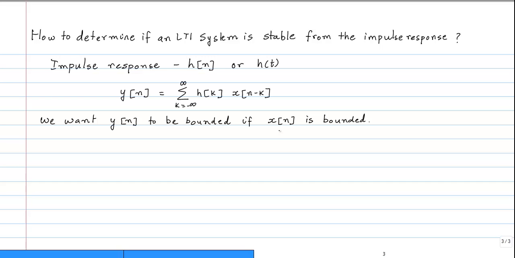All right. So now let's look at the magnitude of y of n. Now the magnitude of y of n is simply the magnitude of summation h of k, x of n minus k. Now what we know is this: the magnitude of a sum of signals has to be smaller than or equal to the sum of the magnitudes.